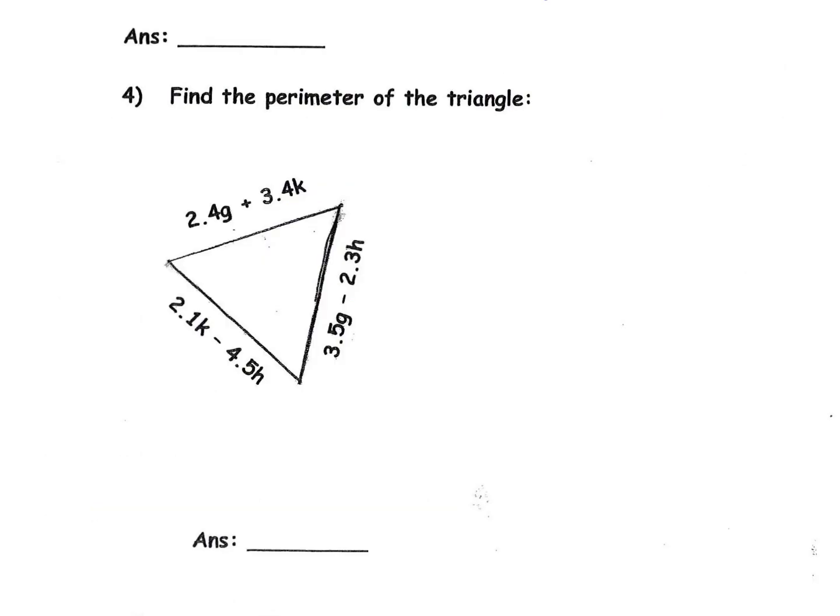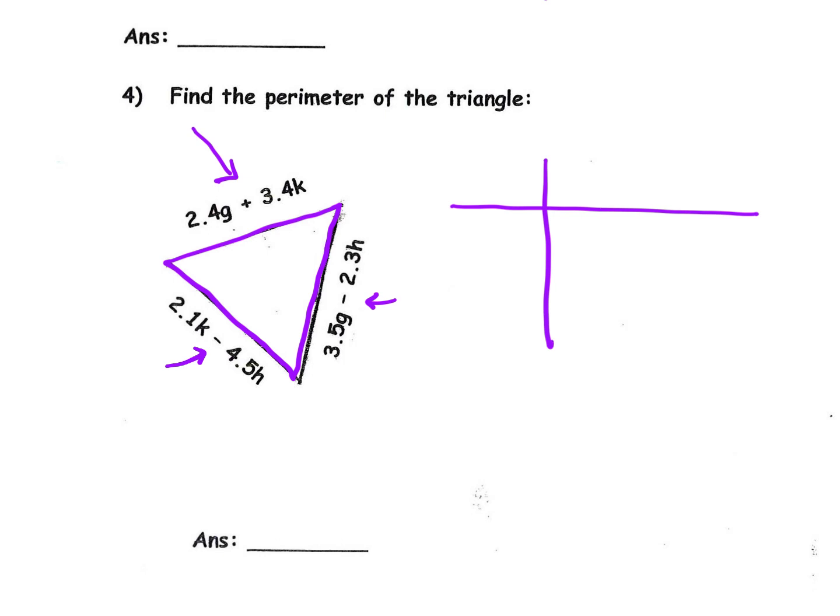As you look at this problem and take a quick perimeter walk around the triangle, you can see that we have three different variables: G and K, G and H in this one, and our final expression has a K and an H. So again, create a 3-column table so that each variable is represented, and we can organize the terms under the columns. So we will go G's, then H's, then K's.